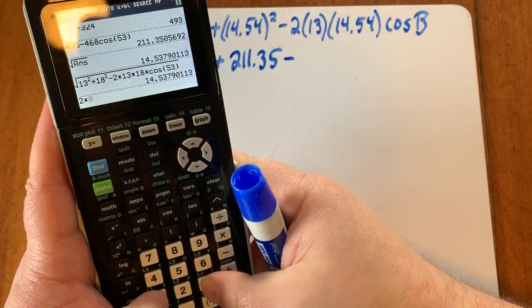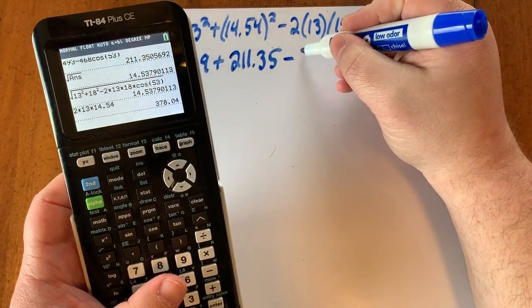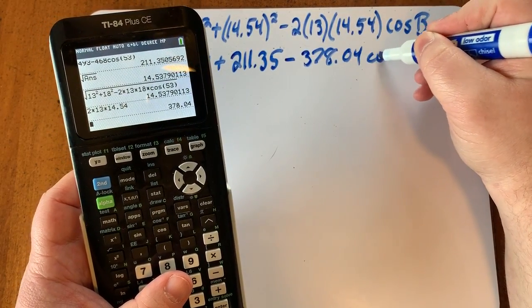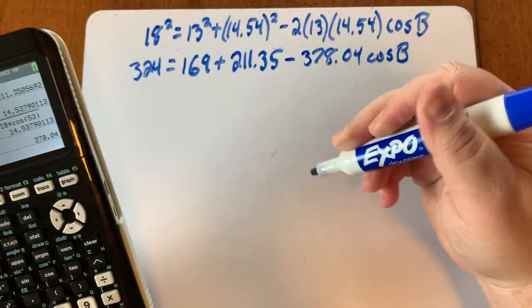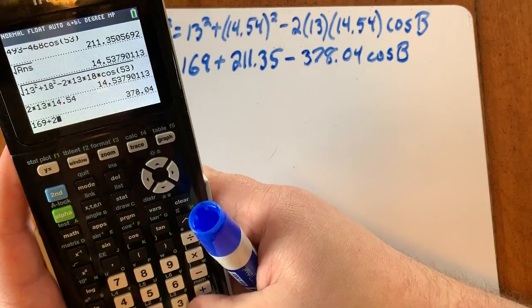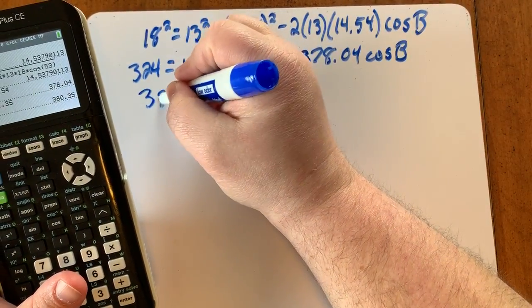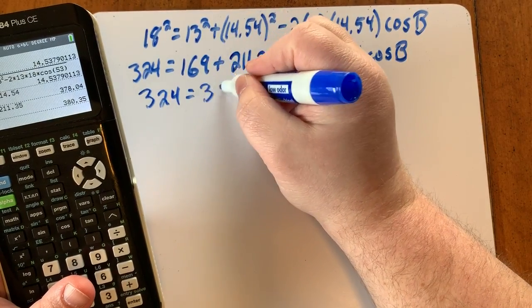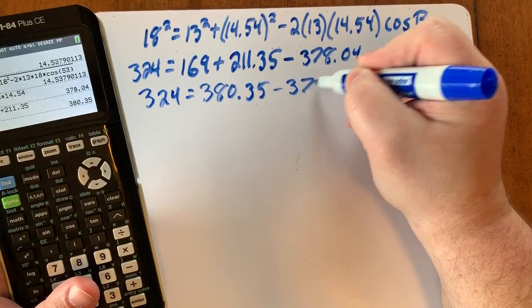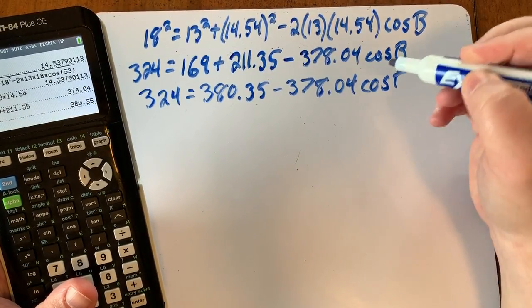And then 2 times 13 times 14.54 is 378.04, cosine of B. And 169 plus 211.35 is 380.35. So 324 equals 380.35 minus 378.04 cosine of B.